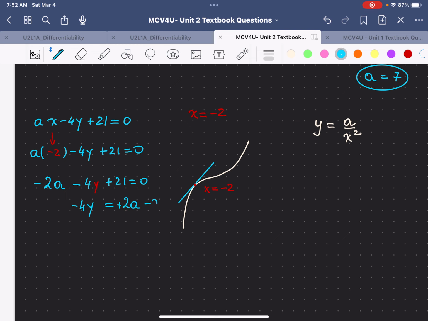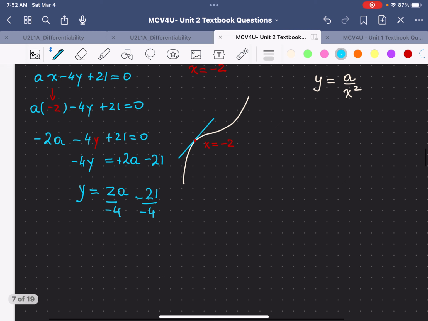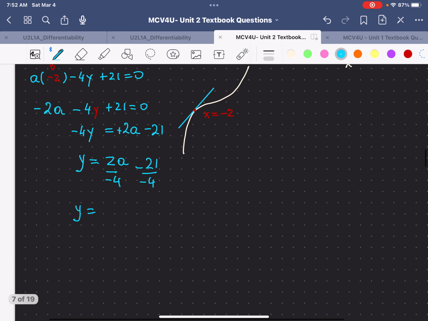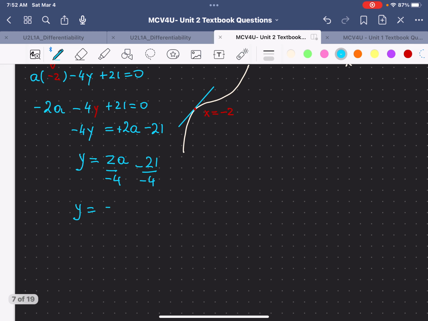And 21 will come to the other side, become negative. So isolate y. We have 2a over negative 4 minus 21 over negative 4. Simplify, and we get y equals negative 1 over 2a plus 21 over 4.